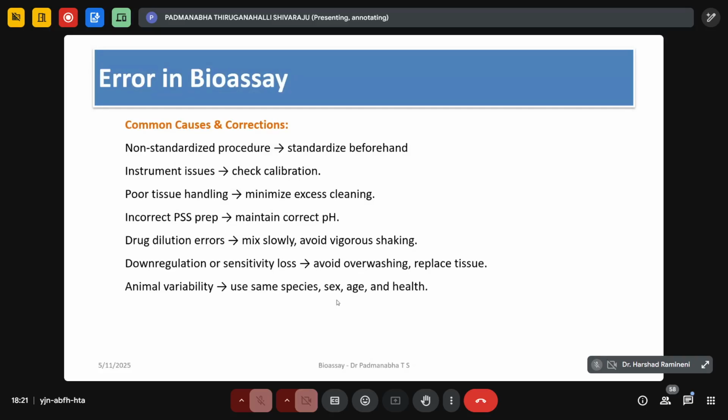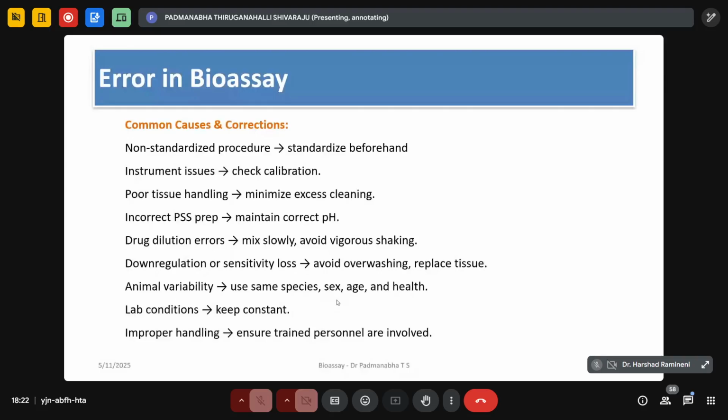Animal variability. You need to use the same species, the same gender, and the same health status when getting the tissue response from the animals. And lab conditions should be constant throughout the experiment. As well as improper handling, ensure that trained personnel are involved when we are doing all this experiment.